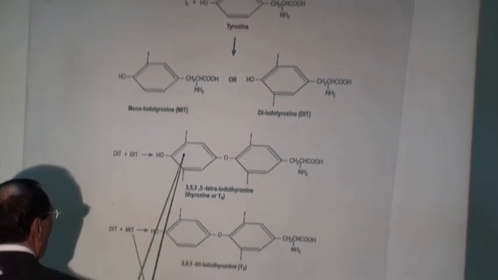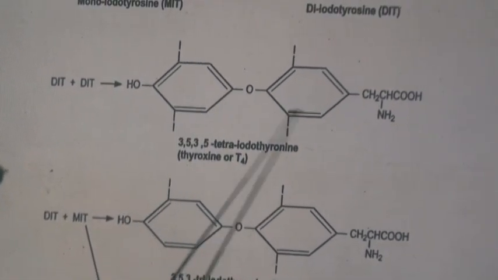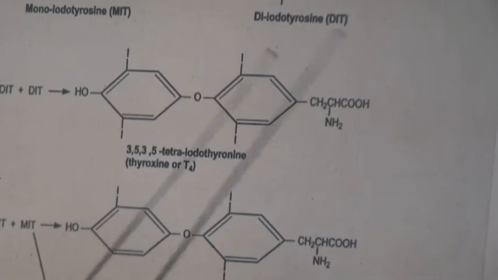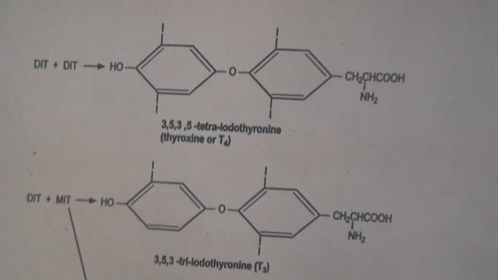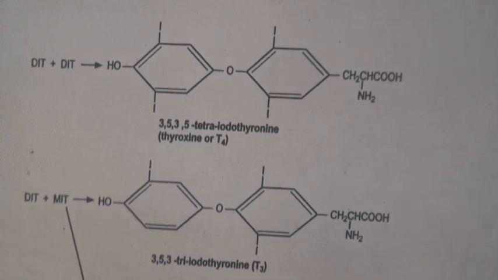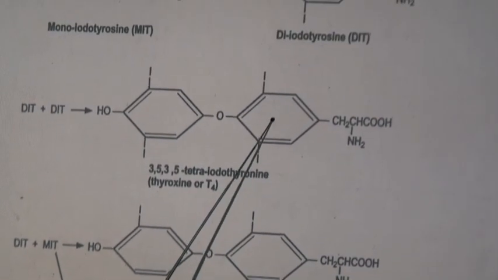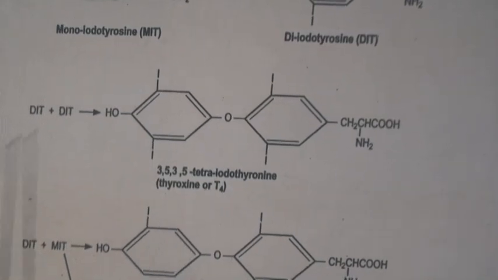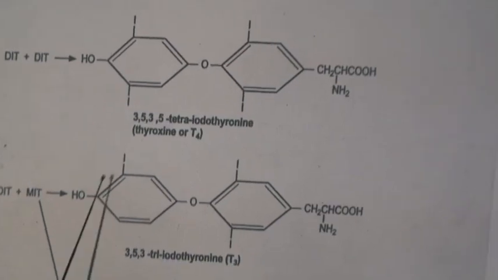Now, iodinated tyrosines bind with each other. They produce one of two or three hormones. First, when two diiodotyrosines bind with each other, they produce the hormone called tetraiodothyronine or thyroxine or T4.